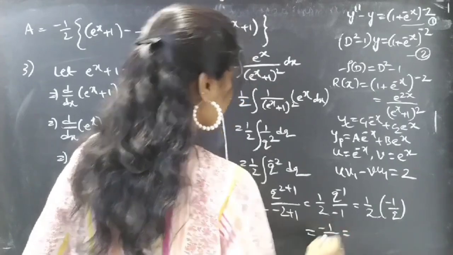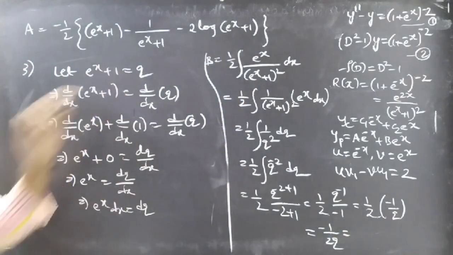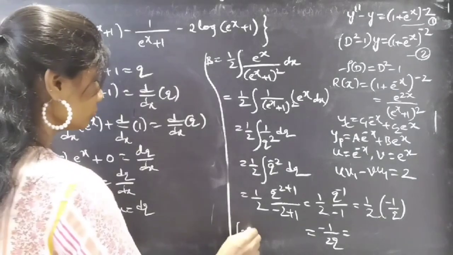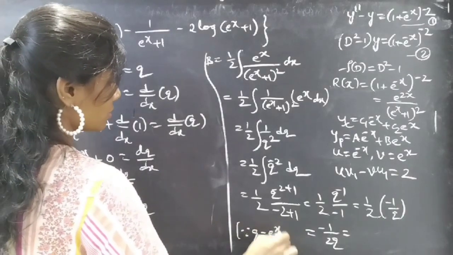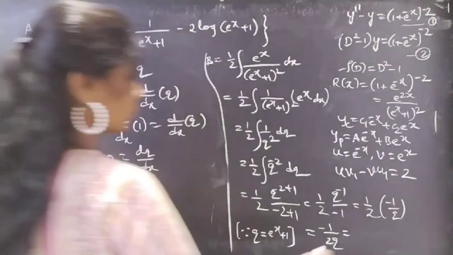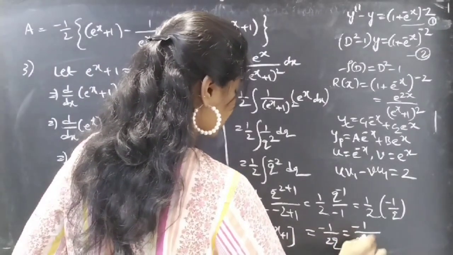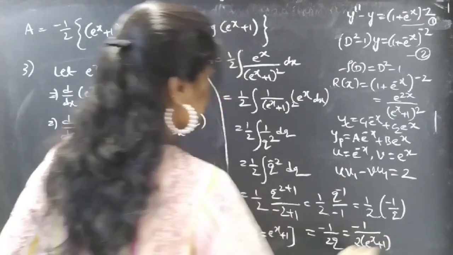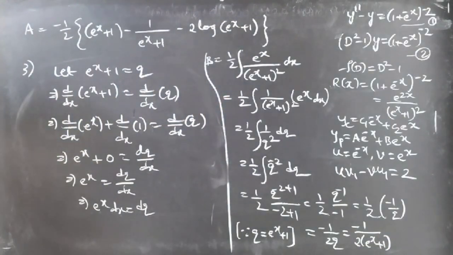Now just replace q with e power x plus 1. Since q equal to e power x plus 1, then we'll get b equal to minus 1 by 2 times e power x plus 1, right?